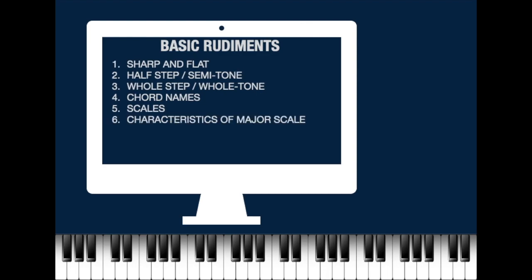Then the next is characteristics of scales. So for example, characteristics of a major scale. If you know the characteristics of any scale, it will help you when it comes to creating chord voicing or passing chord. So one of the characteristics is the 145. 145, they are major. 236, minor. The 7 is diminished. So when you have let's say sus2, you know automatically the 2 is a minor, the 5 is a major.